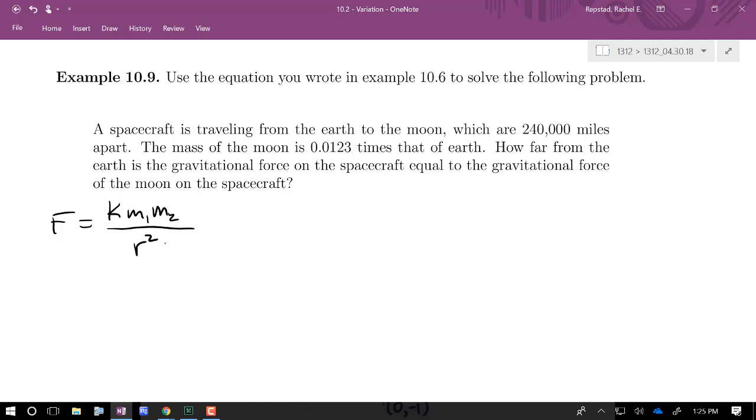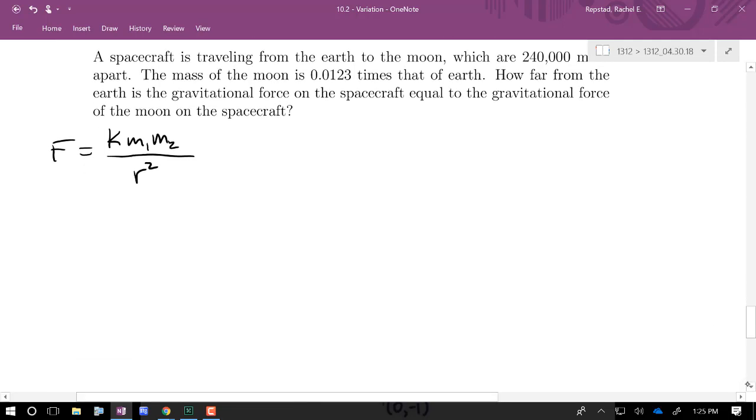As something moves closer to the Moon, that force of gravity it feels is a bit stronger, and so there will be at some point a distance where it has an equal force of gravity felt by Earth as it does by the Moon. So I'm just going to sketch this out.